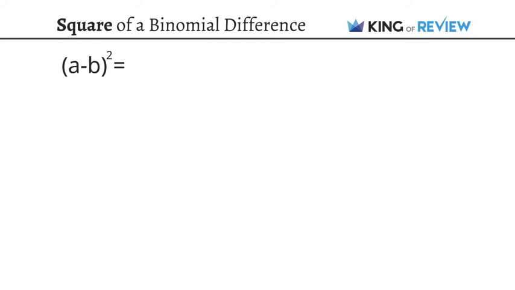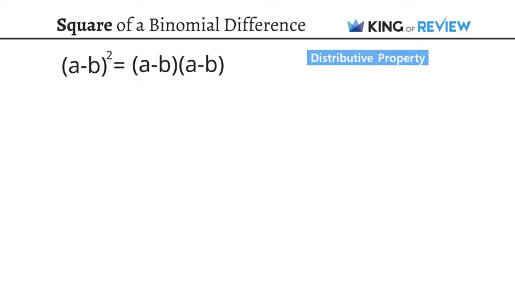Okay, now I'm gonna solve this from an algebraic perspective. We know that this is equal to a minus b times a minus b, right? And we can solve this using both the distributive property and the FOIL method, right? Okay, this time let's solve this with the FOIL method.